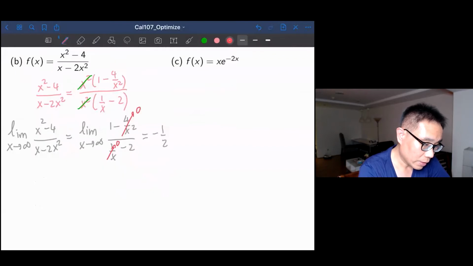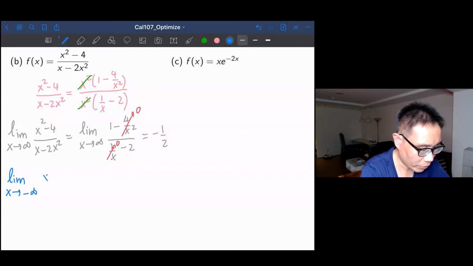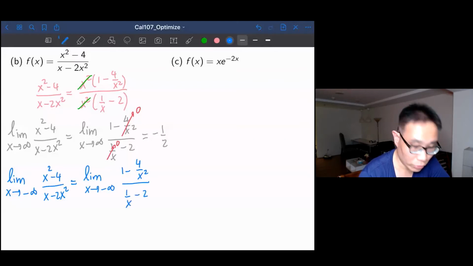Another limit that you're going to find is the limit as x goes to negative infinity of x squared minus 4 over x minus 2x squared. This is the limit as x goes to negative infinity of 1 minus 4 over x squared, over 1 over x minus 2.